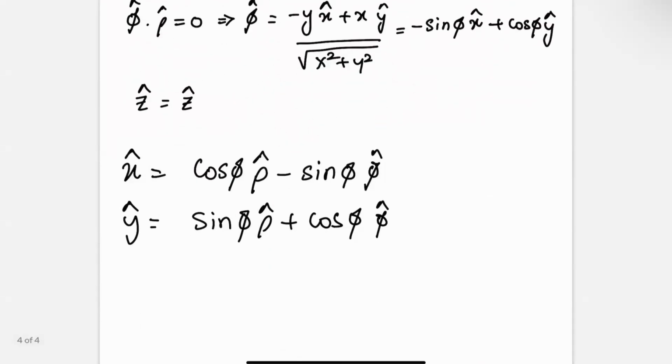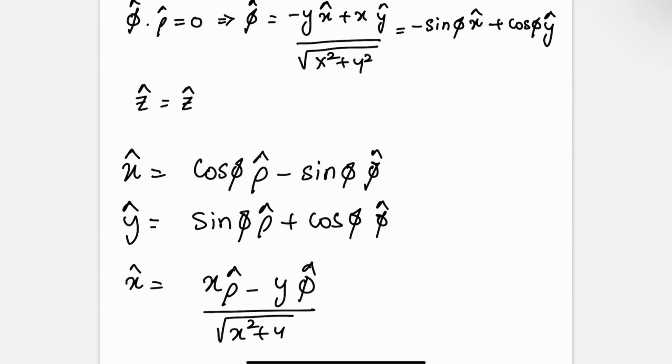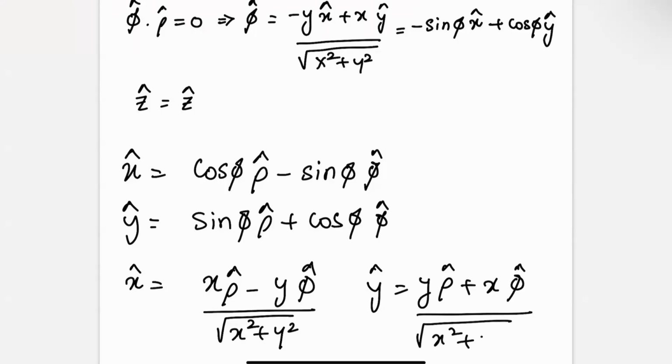That again gives you simple relationships in terms of x and y and phi hat and rho hat. Right, so that's x rho hat minus y phi hat divided by square root of x squared plus y squared. And we have y hat is equal to y rho hat plus x phi hat divided by square root of x squared plus y squared.